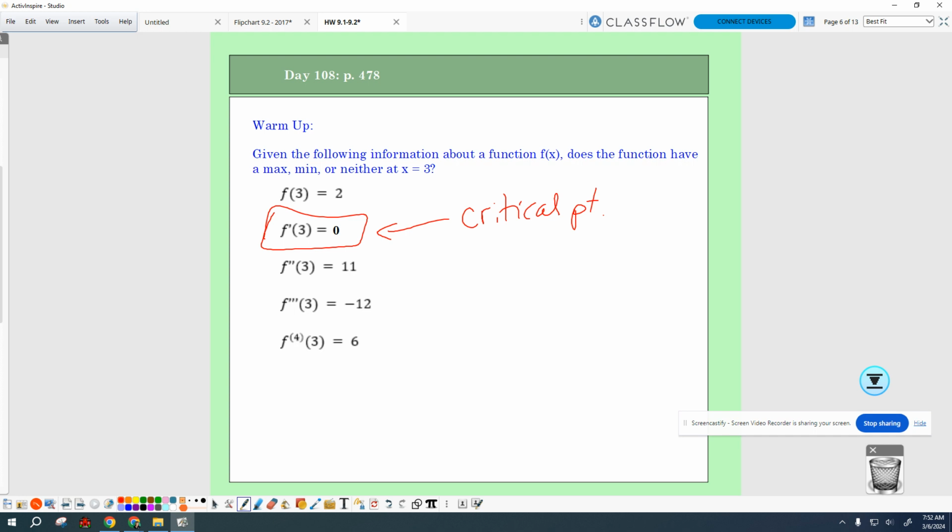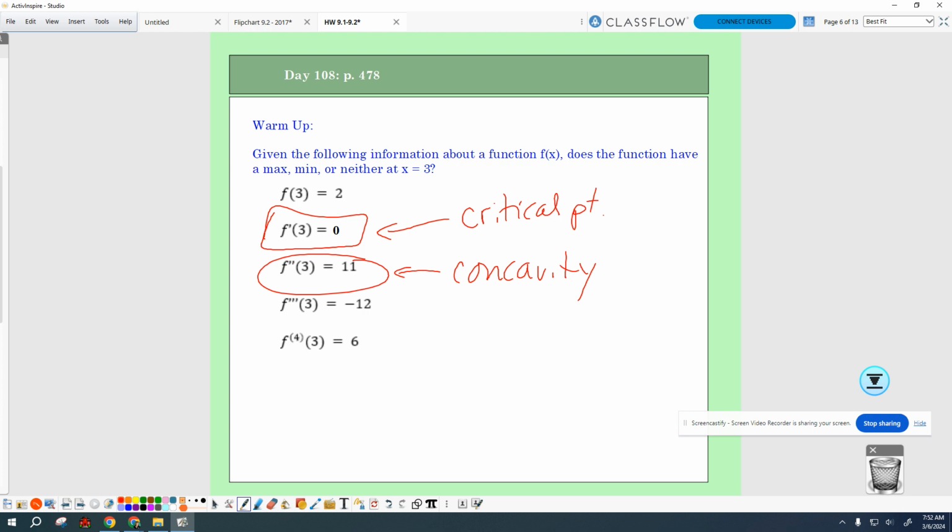So there is another thing we could have done. Which other, which do we look at? The double derivative, that's concavity. The double derivative, concavity, all right.